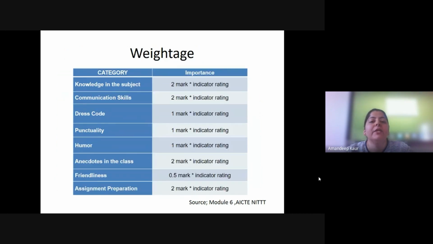Then for teaching effectiveness, weightage is given to the different dimensions: 2 marks for knowledge in subject, 2 marks for communication, dress code 1 mark, friendliness 0.5 marks, assignment preparation by the faculty 2 marks.